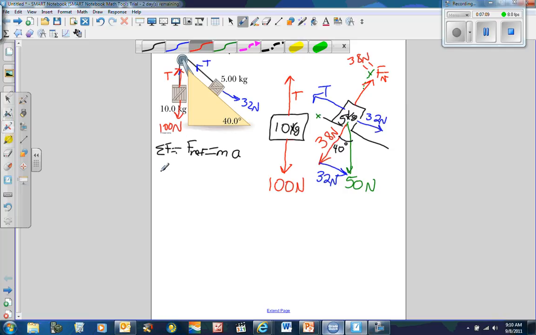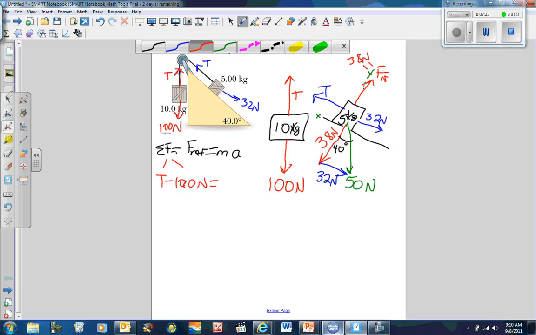And it's going to be T minus 100 newtons. Now, how did I get that? Well, that is the sum of the forces, because T points up, 100 newtons points down. They point in opposite directions, so I subtract them, and we're going to say down is negative and up is positive. So it's going to be T minus 100 newtons. All right?